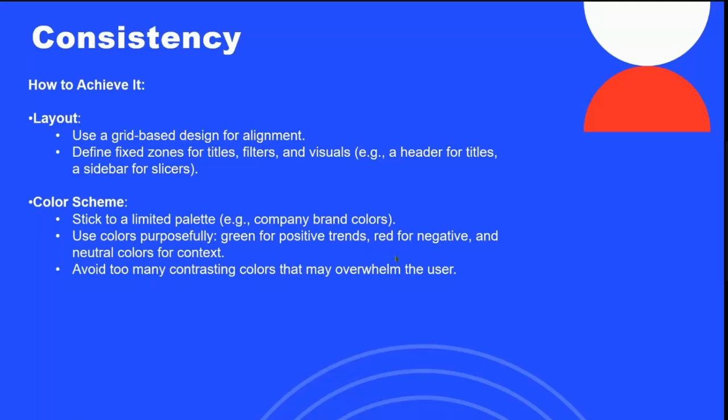So you must discuss with your manager what color palettes the company uses for PPTs and everything. You must take those and use them within our Power BI reports, right? And try to avoid too many contrasting colors, because it will overwhelm the user, right? Don't use many colors or contrasting colors all at the same time.